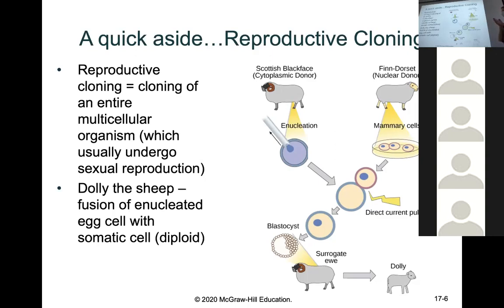So what they did in order to create a cloned sheep is they took an egg cell, took the nucleus out. So they needed the egg cell because it has a lot of yummy nutrients and stuff, for the eventual developing embryo. But they don't want that nucleus. They want the nucleus from the somatic cells, which are just like the rest of the body cells of a sheep.